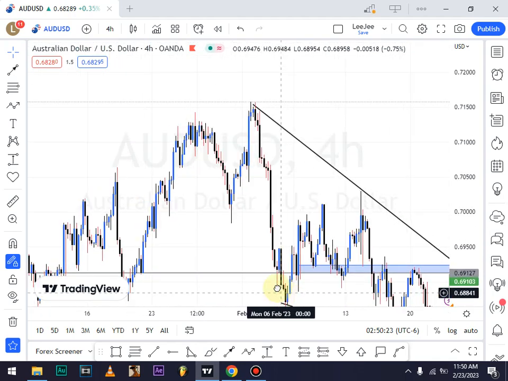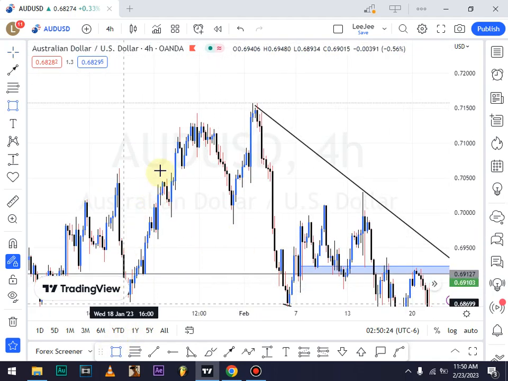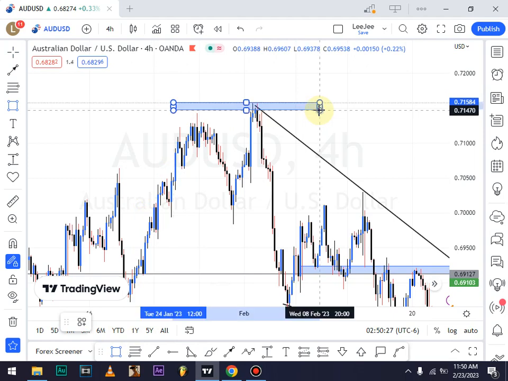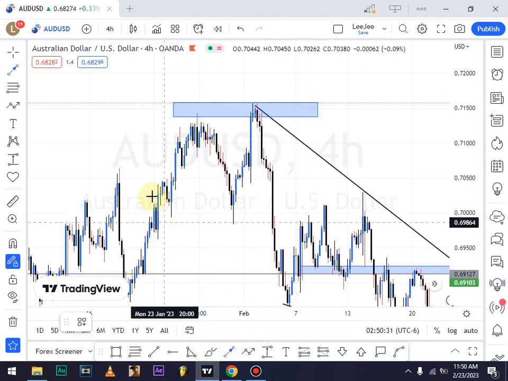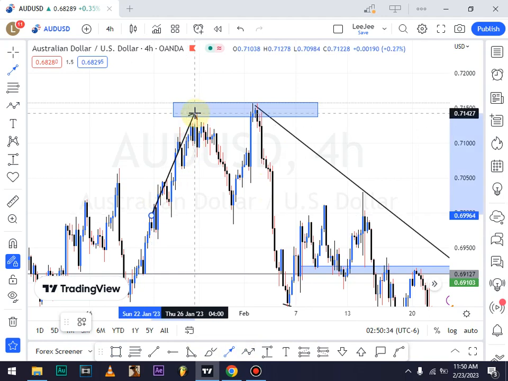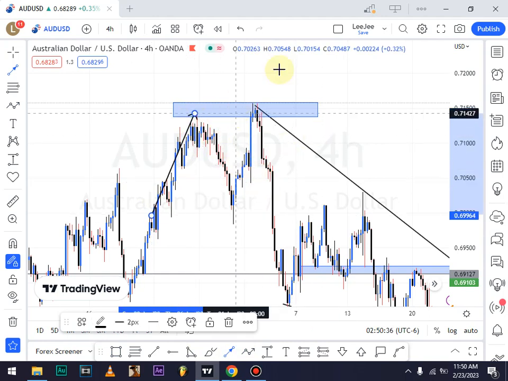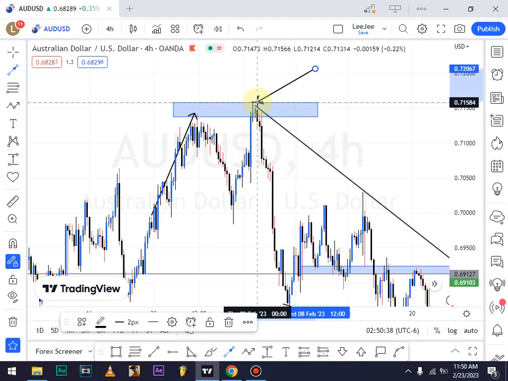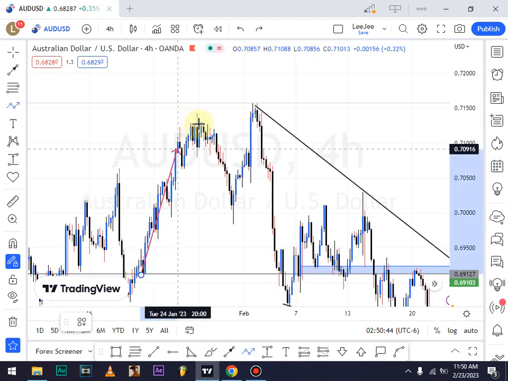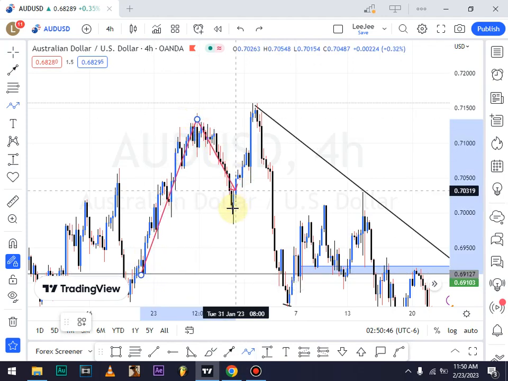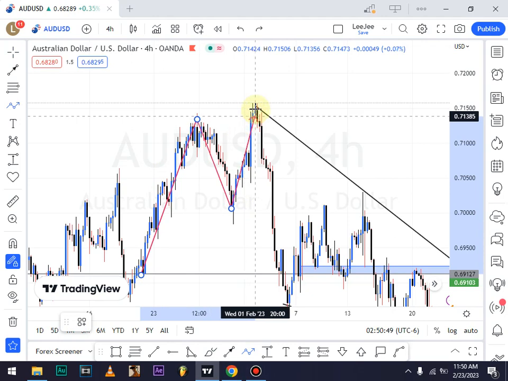We also have one over here, guys. This is called a double top. As you can see, we have the first high over here, then the second high over here. First the price went up, then came back, then went back to retest the resistance.